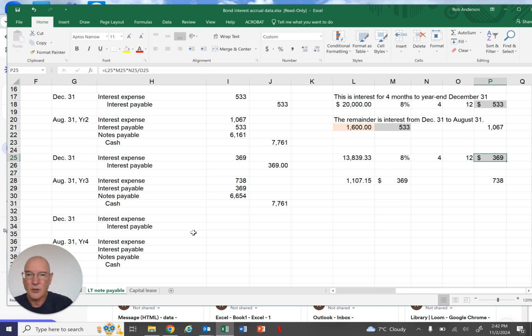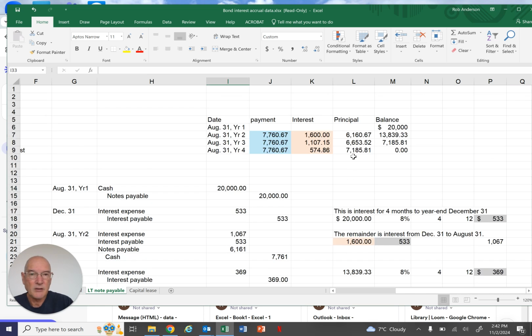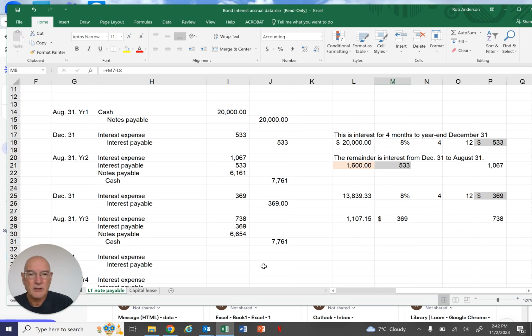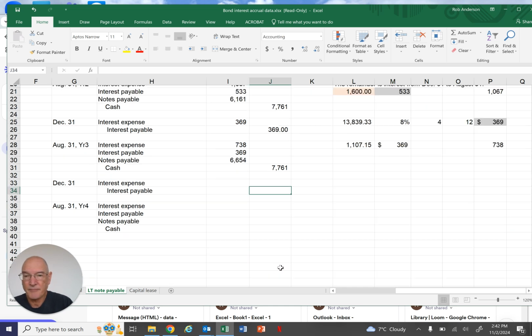Now, notice that doing our calculations for the second year of the note was pretty easy. We just did the same thing we did in the first year. So this note would be finished off the same way. You would take your balance here, 71.85, times 8% times 4/12 a year, and that would be your interest expense and payable.